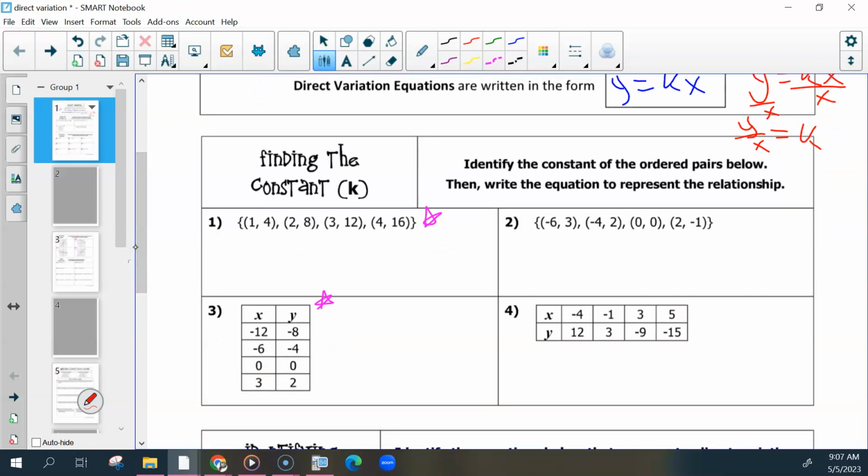So for this one, we're going to use that ratio and divide 4 over 1, 8 over 2, 12 over 3, your y over x for each of these and make sure they're all the same. As you divide them each, they all become 4. So that would be your K value.